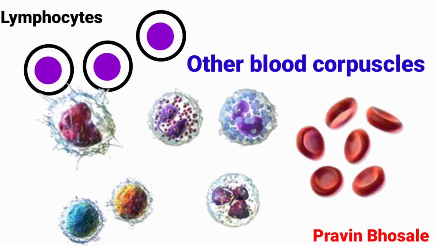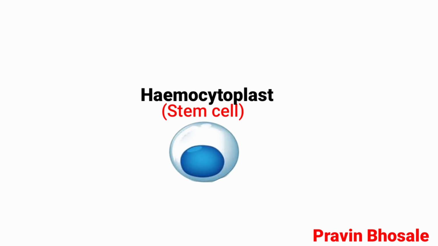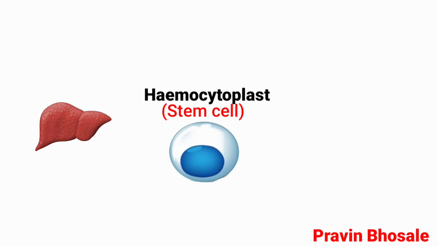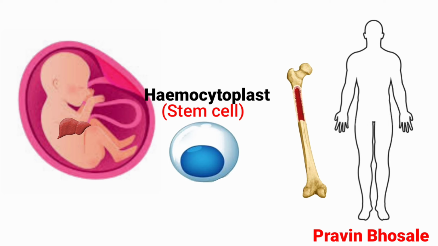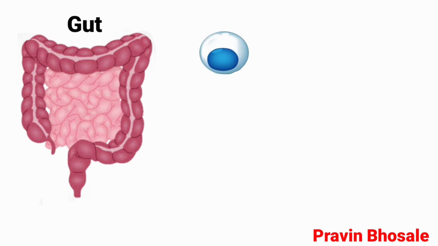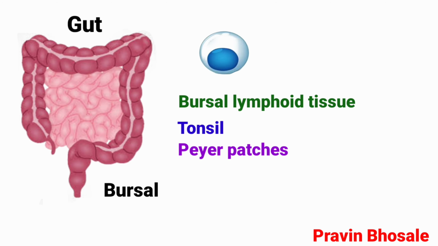They, like other blood corpuscles, arise from the stem cell, the hemocytoblast, present in the liver of the fetus and in the bone marrow in adults. Some of them undergo differentiation in the gut-associated bursal lymphoid tissue, tonsils, and Peyer's patches, and are called bursal or B lymphocytes.